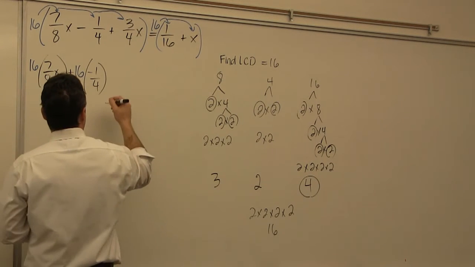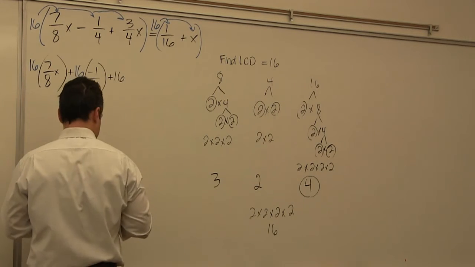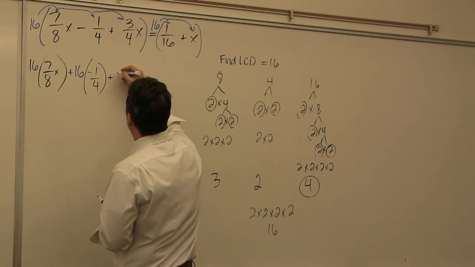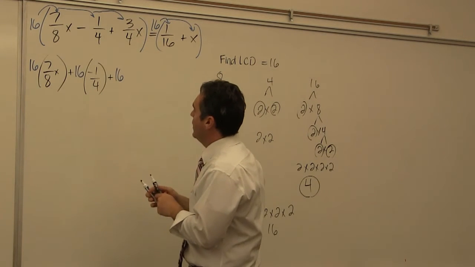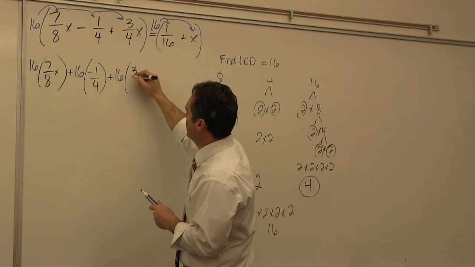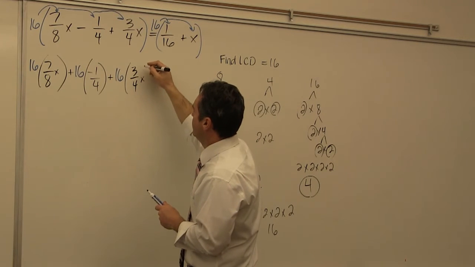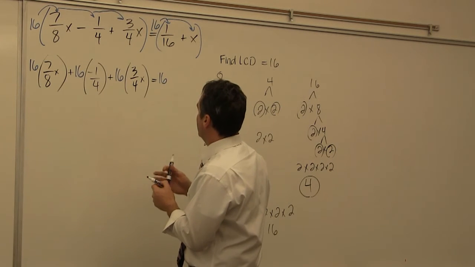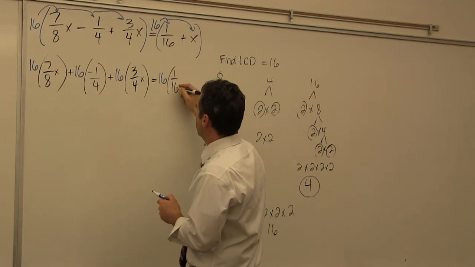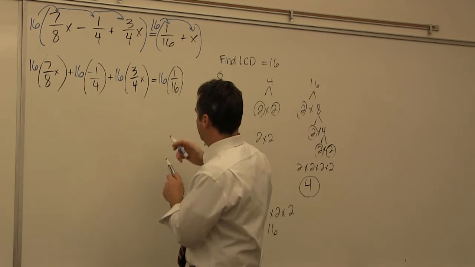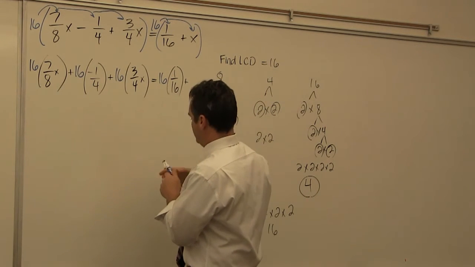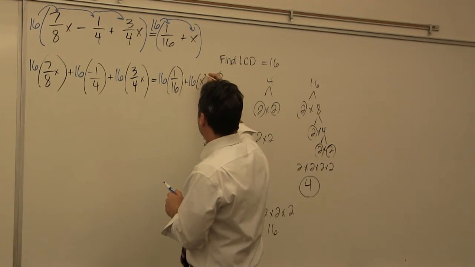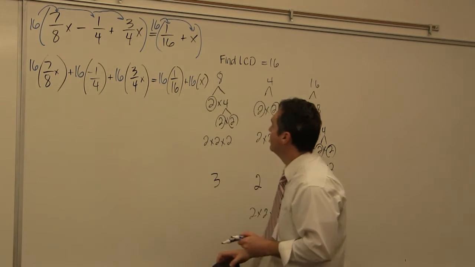So we're going to, again, say plus 16, and I'm going to do that in blue just to be consistent with our LCD here, times 3/4 x equals 16 times 1/16. And again, we'll have plus, pen swapping here, 16 times x.